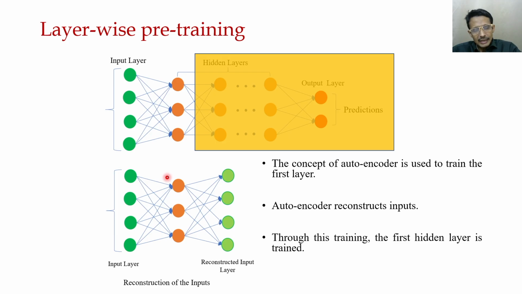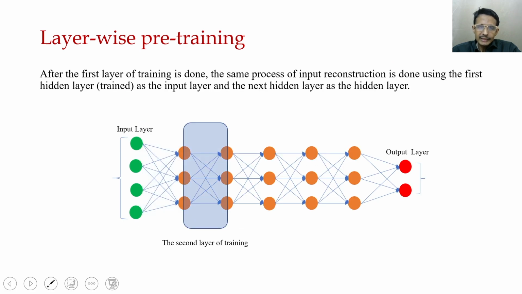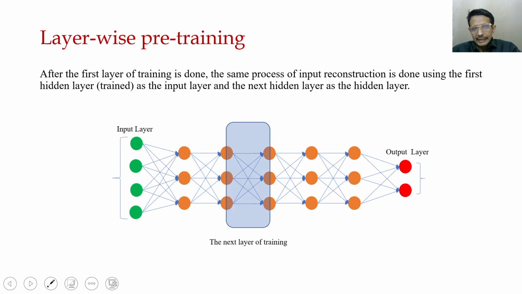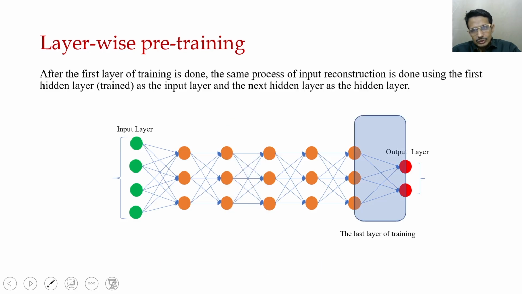Okay, so that kind of is autoencoding. Again, this thing is being used. So we get this, and this process is repeated up to the output layer. Okay, so we can get last layer training also.